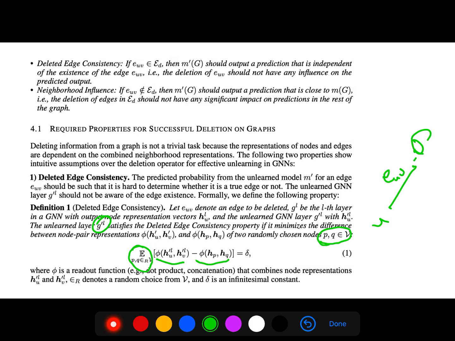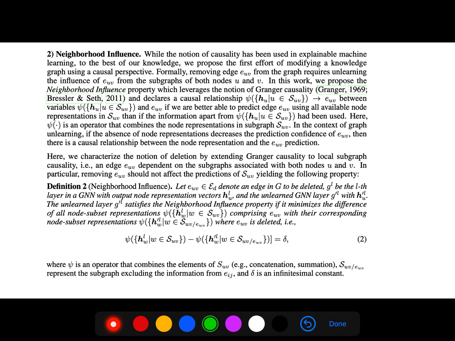Let's call it the edge representation; it should satisfy this property. The second one is neighborhood influence. So we represented the neighborhood like this.